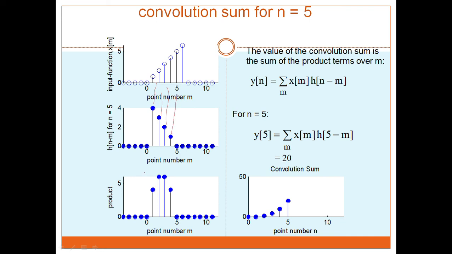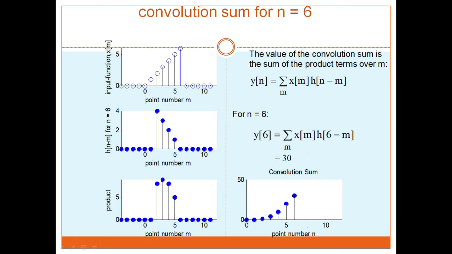So 4 times 1 is 4, the second one, 3 times 2 is 6, the third, 2 times 3 is 6, and then 1 times 4 is 4. So 4 plus 6 plus 6 plus 4 is 20.